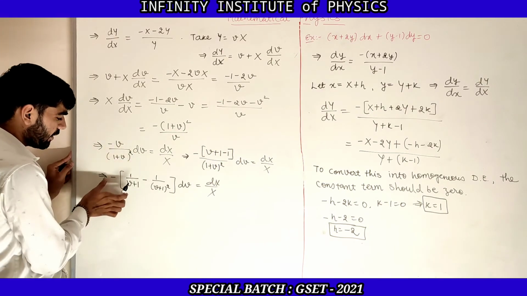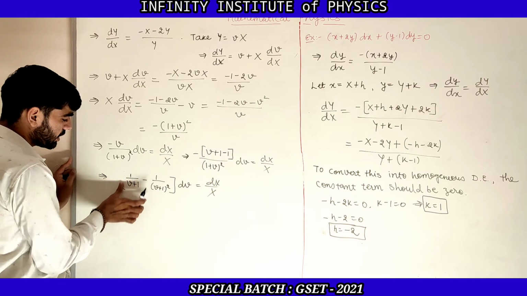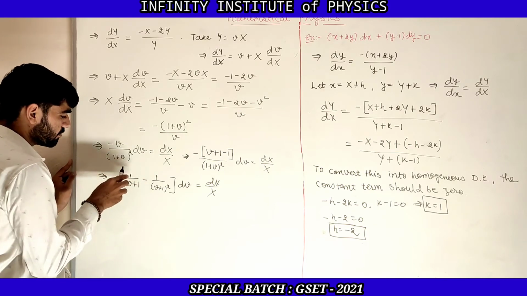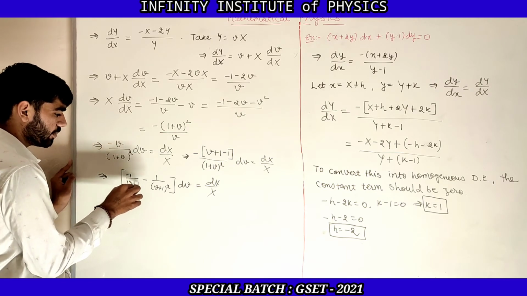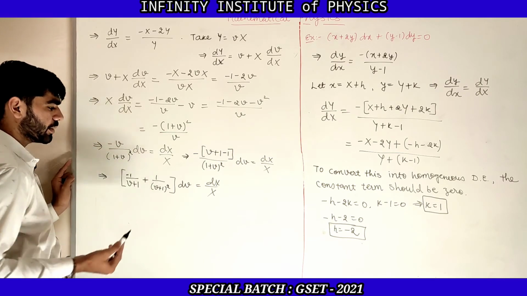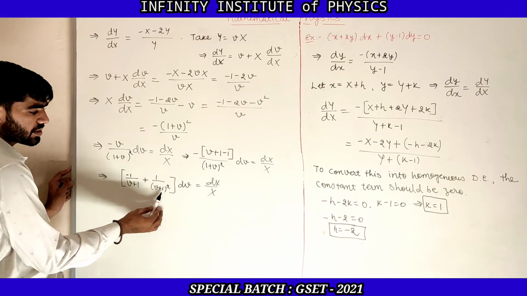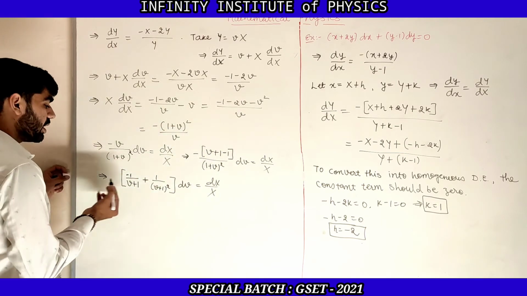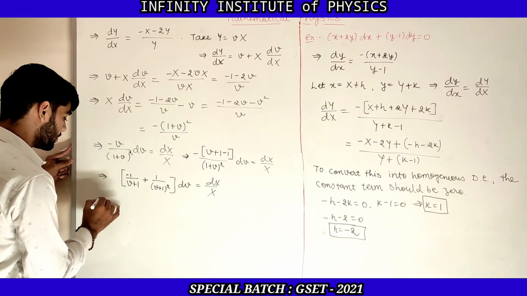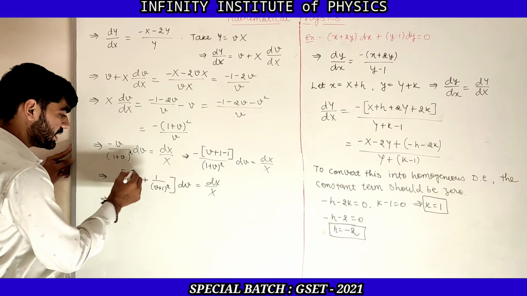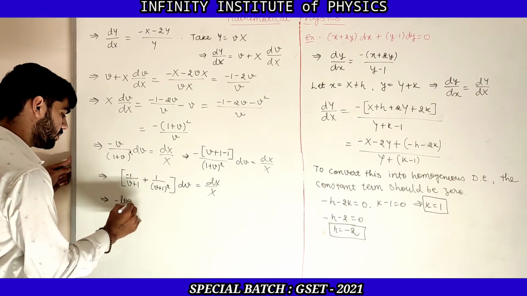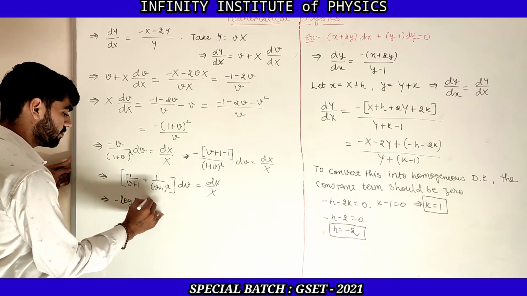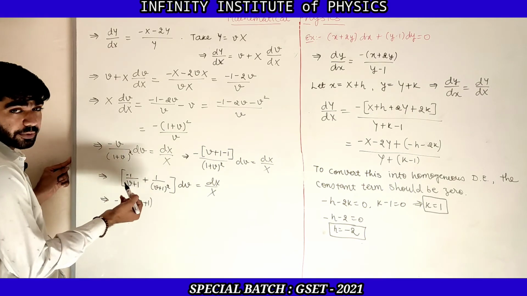And now if we give this minus sign inside, then this is minus of 1 upon v plus 1, and this is minus minus plus 1 upon v plus 1 whole square dv is equal to dx upon x. And now let us take the integration. Then the integration of this term is minus of log of v plus 1, because this is in the form of 1 upon x.